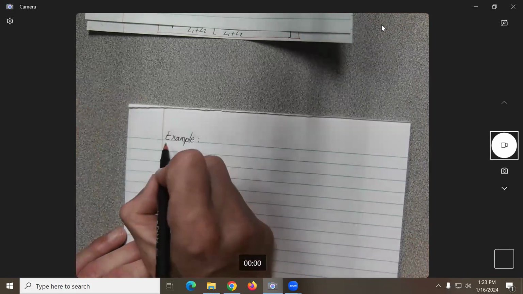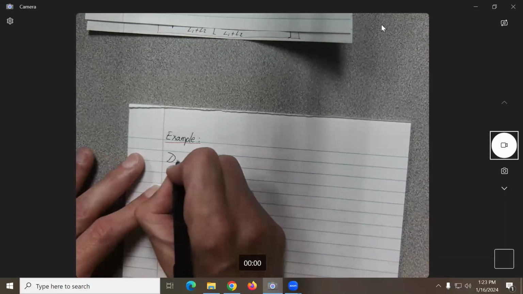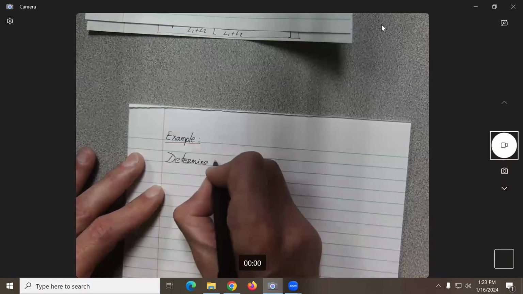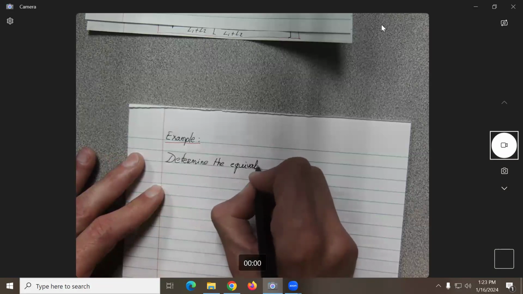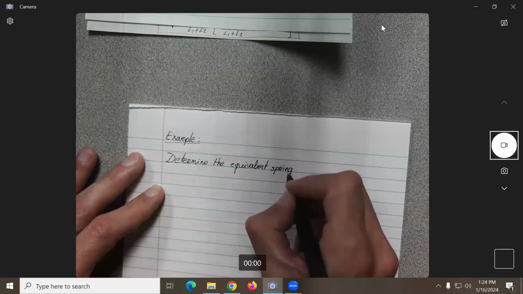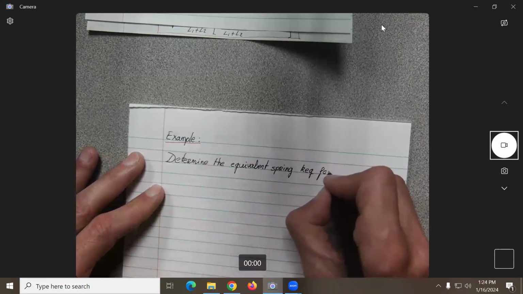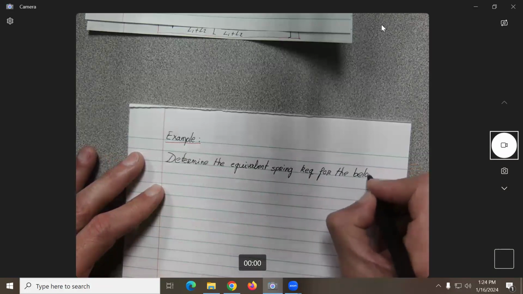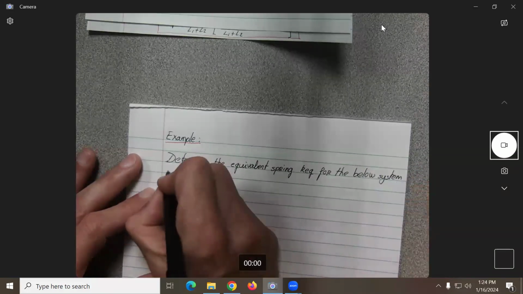So let's say example: determine the equivalent spring for the below system.